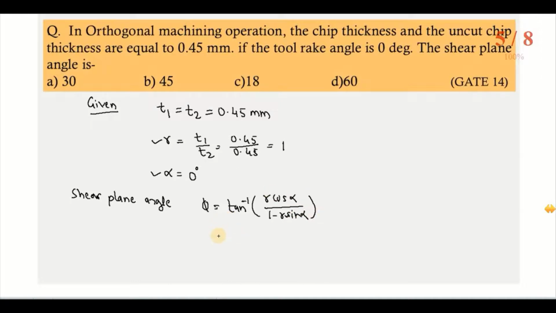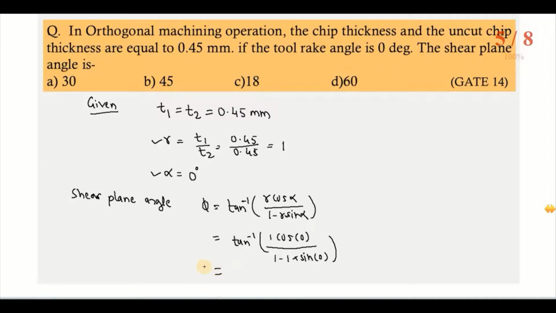R is 1, cos of 0, as the alpha value is 0, and 1 minus 1 into sin of 0. If you solve the equation by using the virtual calculator, the GATE virtual calculator, because in the GATE exam physical calculators are not allowed, we have to use the virtual calculator.